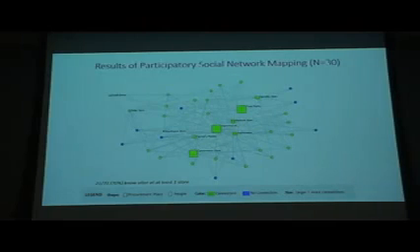In this particular picture, the squares are places and the circles are people. If it's colored green, it means that person or that place had a social connection, meaning I asked somebody, do you know anybody at the convenience store that you go to? In this particular picture, the bigger the square, the more people said they knew somebody at that place.